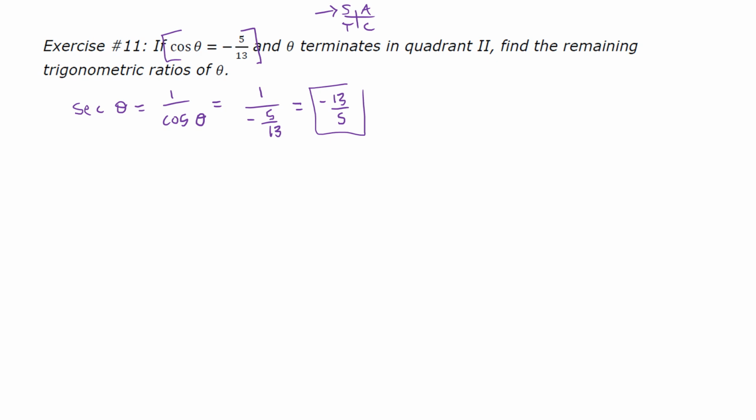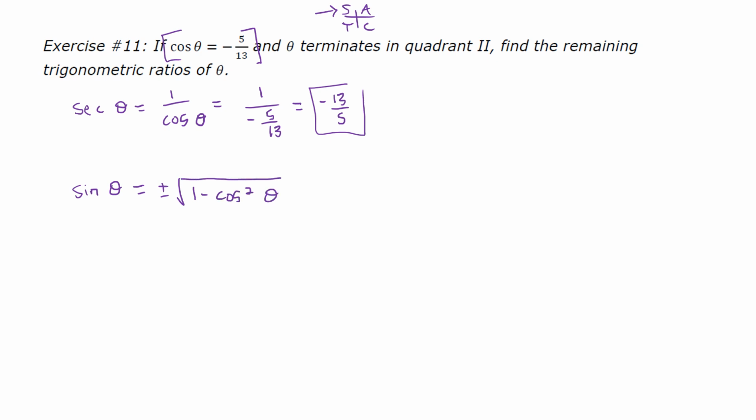Now let us find sine theta. We can use one of the Pythagorean identities where we have plus or minus the square root of 1 minus cosine squared theta.